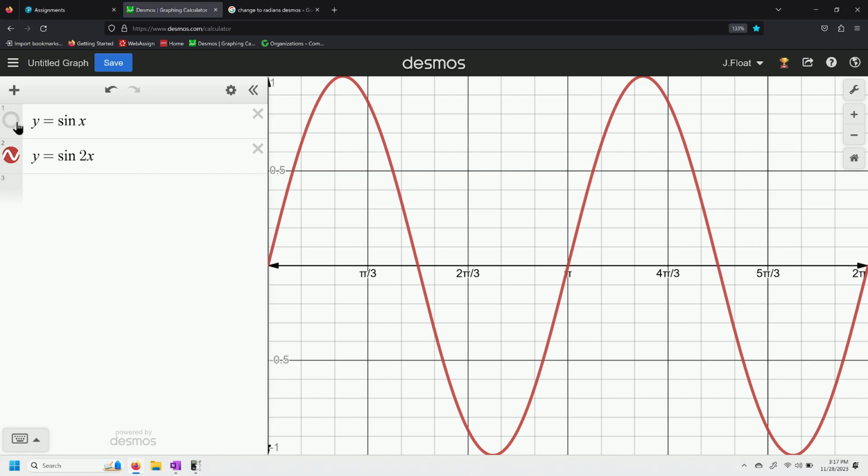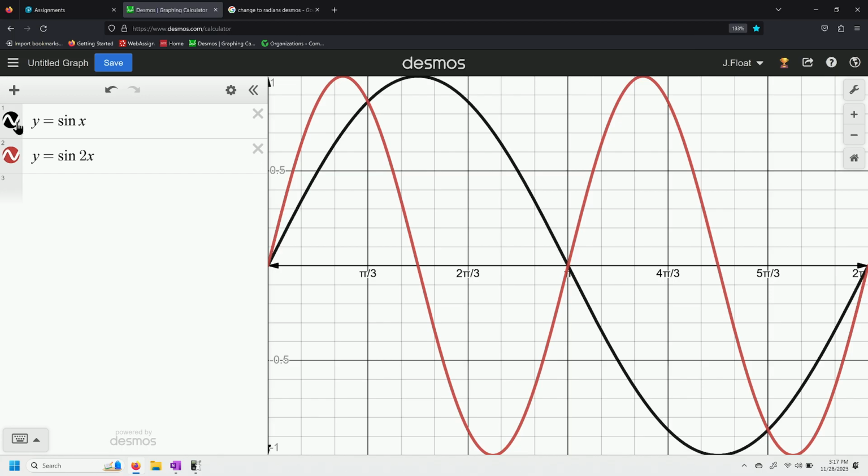And when I click on y equals sine x, notice I only get one period. However, in y equals sine 2x, in the same distance covered from 0 to 2 pi, I get two replications.